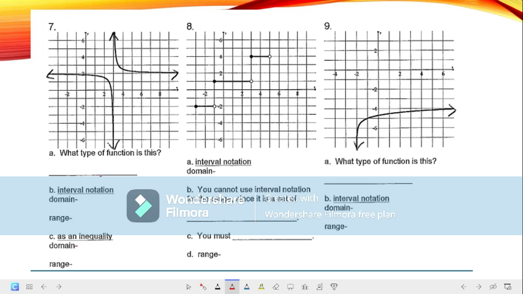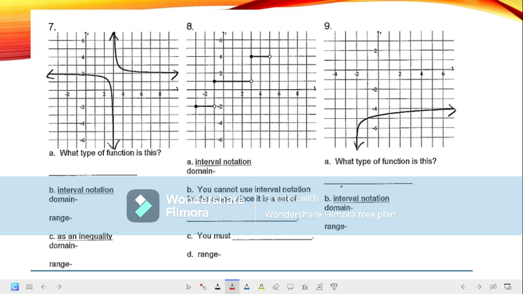But for this one, you can answer letter C and D. So this one also, we have an example of this already. And this is our number 9. You don't need to answer letter A here, as well as A in number 7.